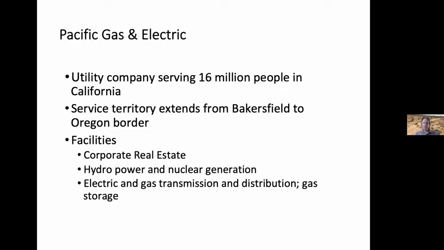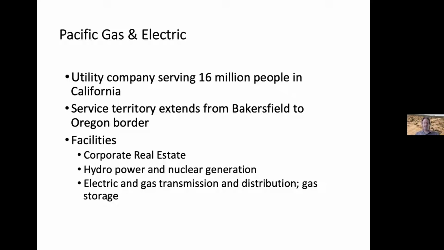Hydropower, there's 170 dams within the PG&E system, and all those dams have tunnels or canals and powerhouses connected to them. They all have power lines that connect the dams to population centers in other parts of California. We've got one nuclear power plant.